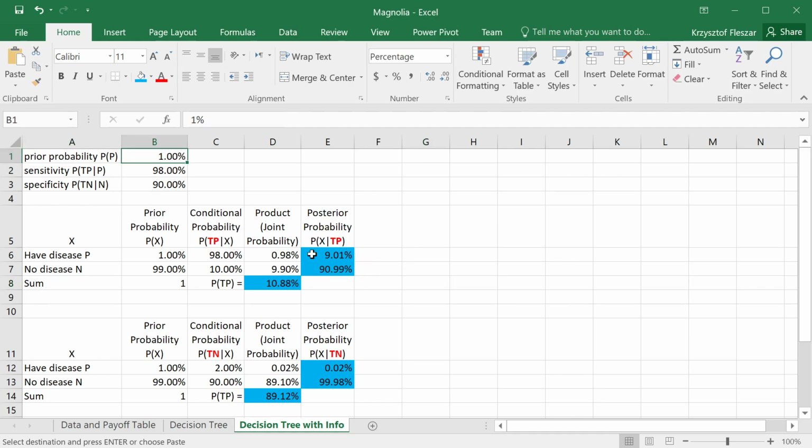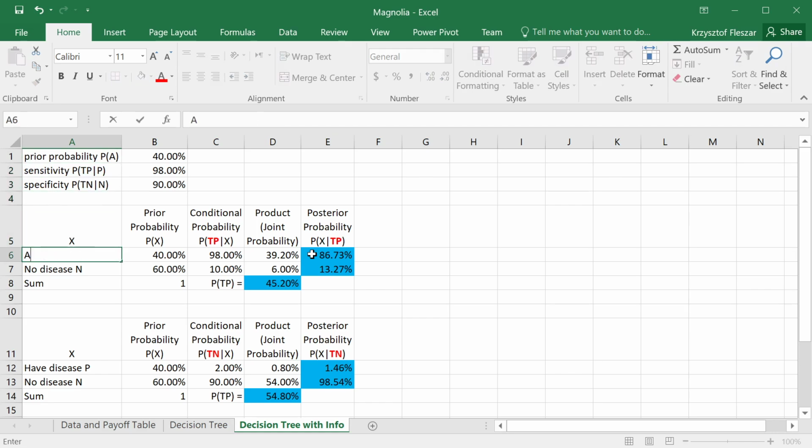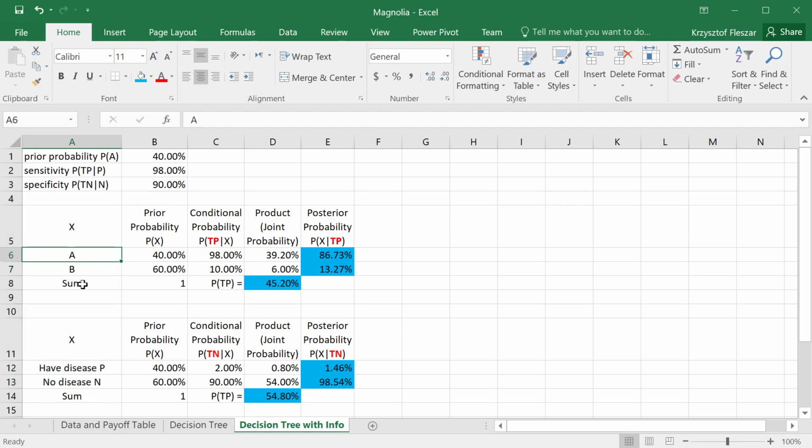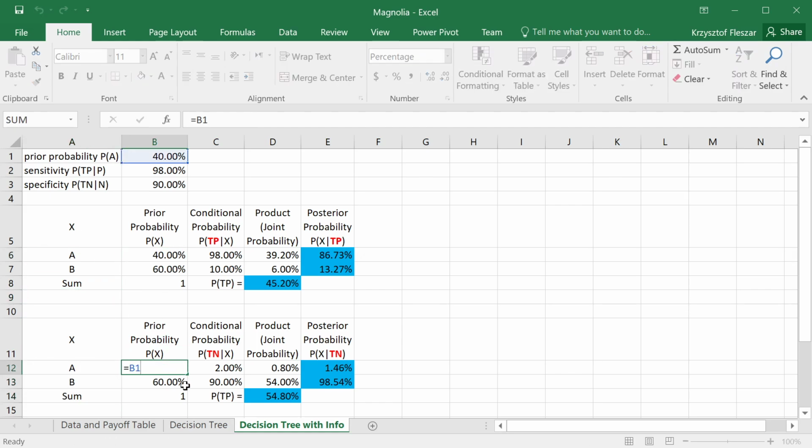Now, my events, the prior probabilities, was 40%, the probability for location A, and this is the probability for location B. Maybe I'll center this. Right, this is location A, location B, probability 40%, 60%.